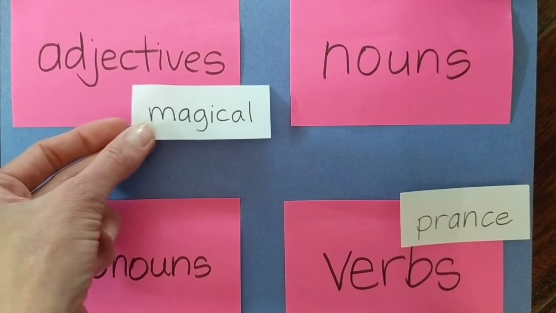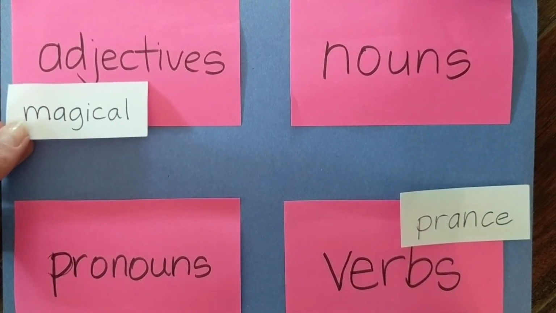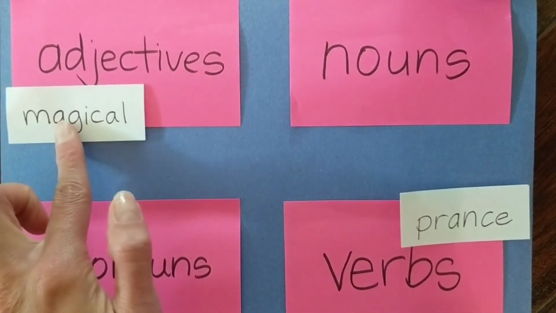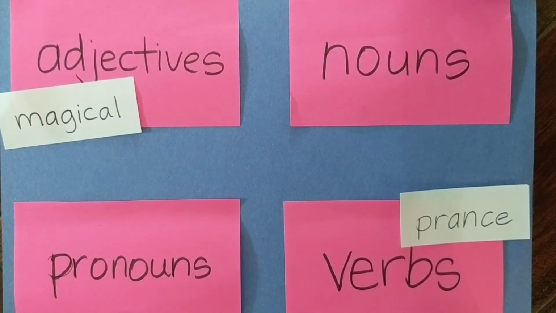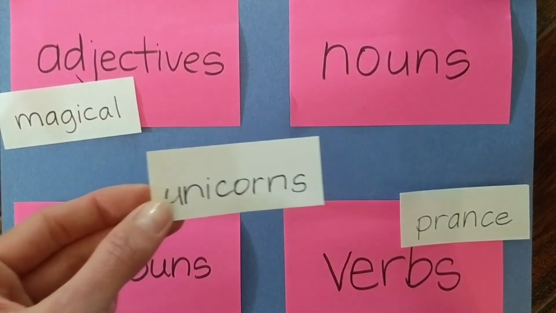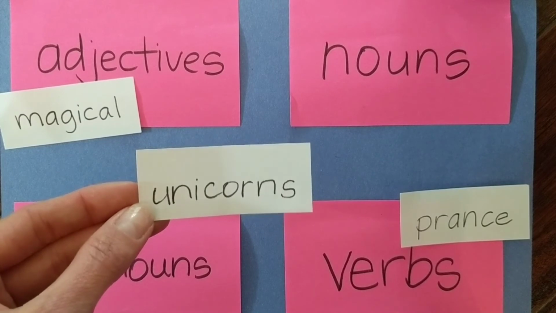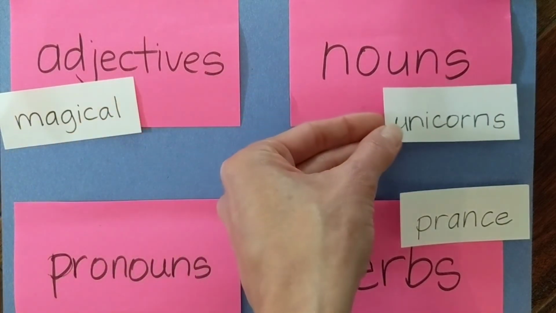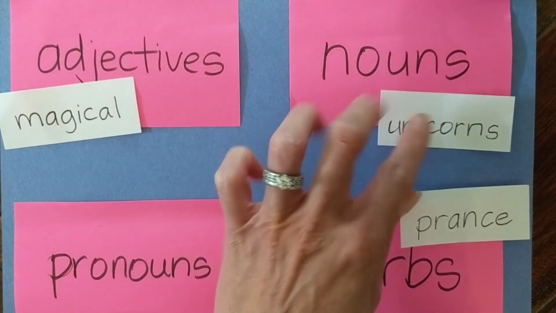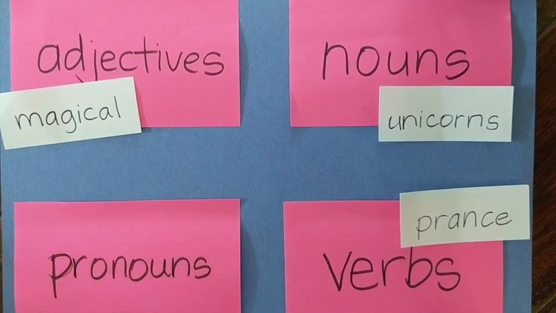Magical is an adjective because it described our royal unicorns. It described a noun. And what about unicorns? Unicorns is a noun, a plural noun, because it's a living thing. Unicorns are animals, so they are living things.